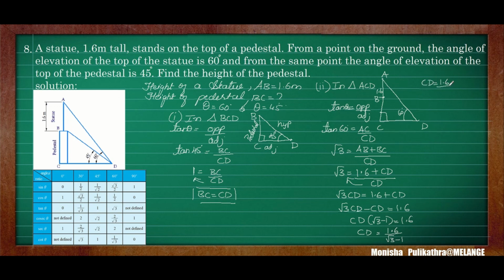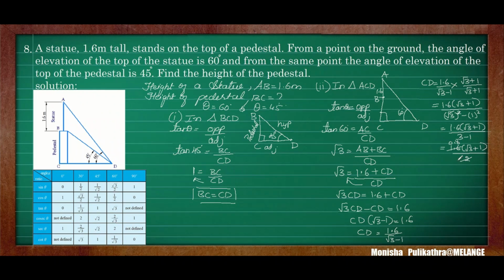CD is equal to 1.6 divided by root 3 minus 1, multiplied by root 3 plus 1 for rationalizing, since there is a minus sign, we take a plus sign. So it is 1.6 into root 3 plus 1, and the denominator is in the form a plus b into a minus b, that is a squared minus b squared. The root and square cancel, so we get 1.6 into root 3 plus 1 divided by 3 minus 1, which is 2.